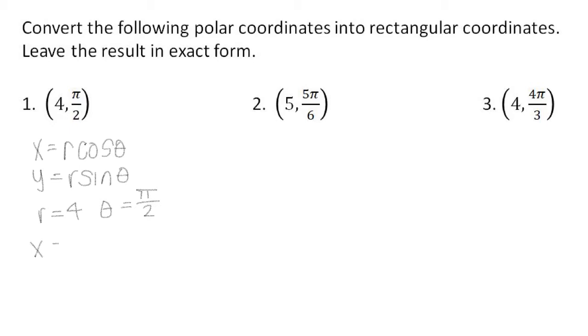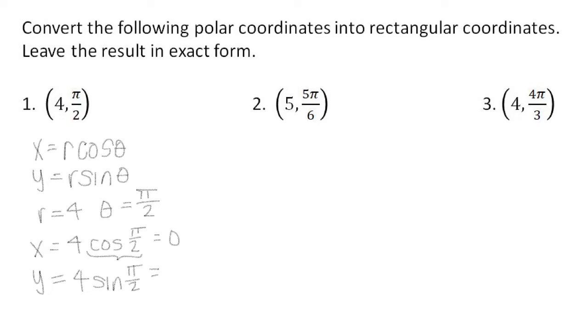So x equals 4 cosine of pi over 2. If you don't remember what cosine of pi over 2 is, you need to look at your unit circle, and hopefully you'll see that cosine of pi over 2 is 0. So 4 times 0 is 0. And then for our y coordinate, we have 4 sine of pi over 2.